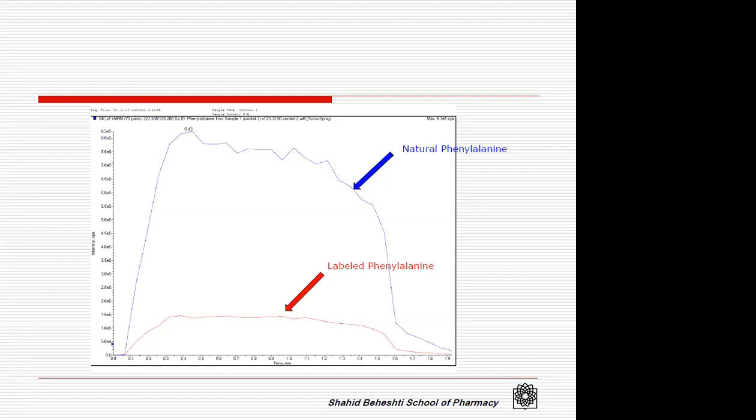Just by comparing the intensity of the two signals, the labeled one and the natural one, you can decide if the natural phenylalanine or natural biomarker is higher than the labeled biomarker. And you can decide whether the sample is positive or negative this way. Next slide, please.